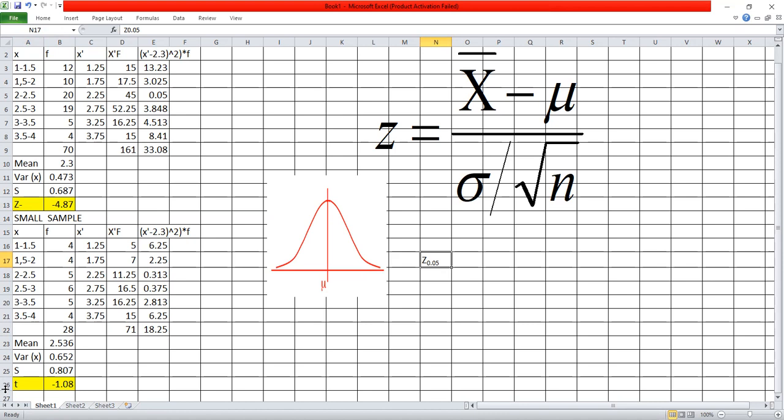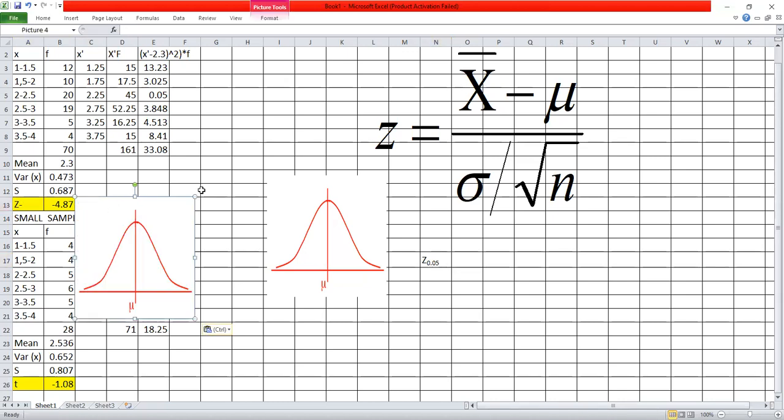In our case, Z is equal to minus 4.87, which is less than 1.65, isn't it?